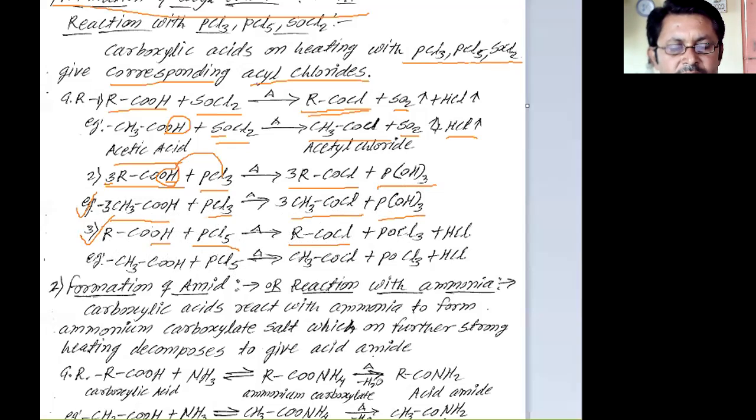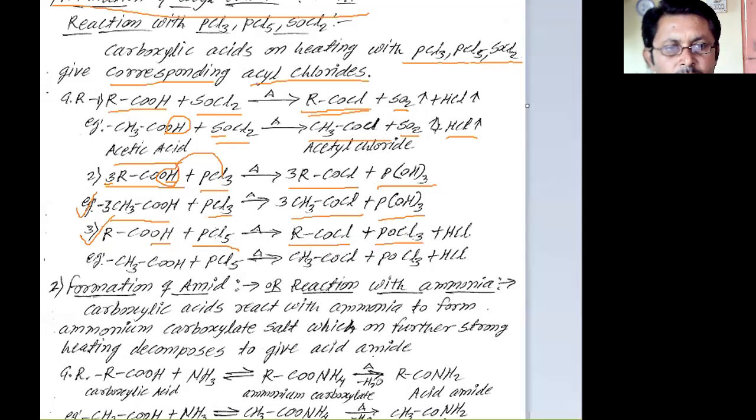One chlorine is replaced here, then four chlorine atoms remain. How many chlorine atoms are there in PCl5? There are five chlorine atoms. One chlorine is replaced in place of OH, then four chlorine atoms remain here. Of the four, three chlorine atoms combine with phosphorus and that oxygen, that is POCl3.